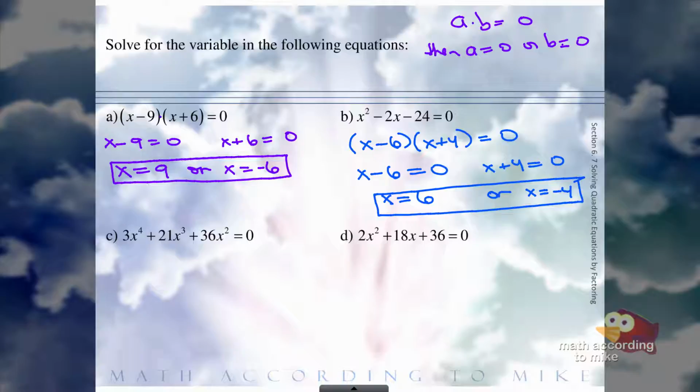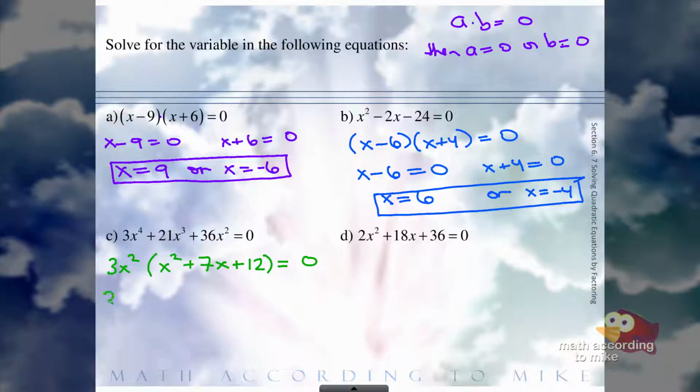Part C, we're in standard form, but now we have to factor. Notice we can pull out a 3x squared. If we pull out a 3x squared, we're left with x squared plus 7x plus 12.